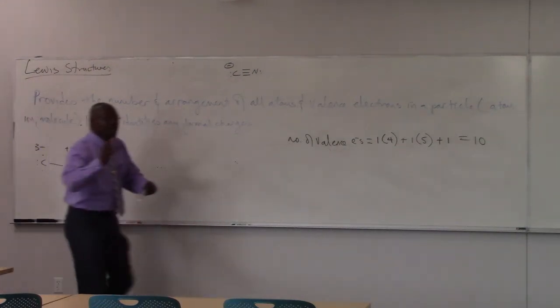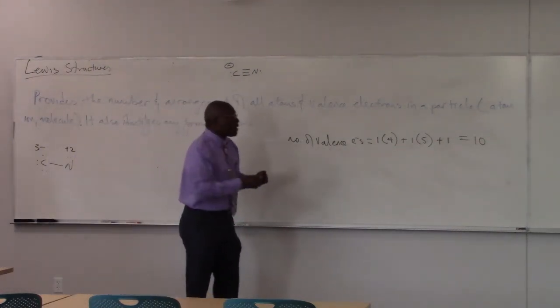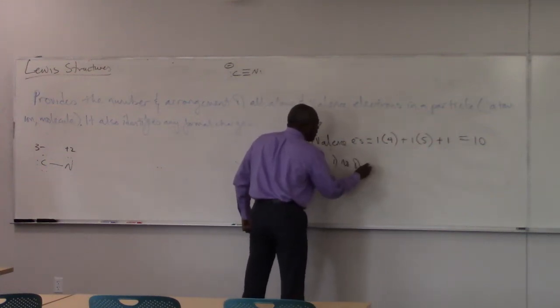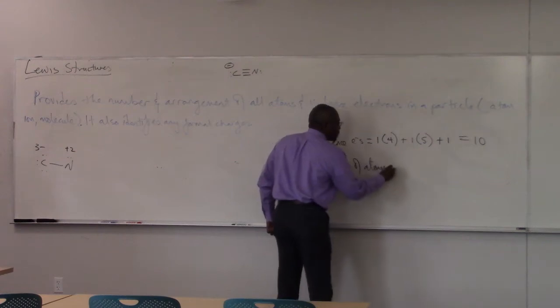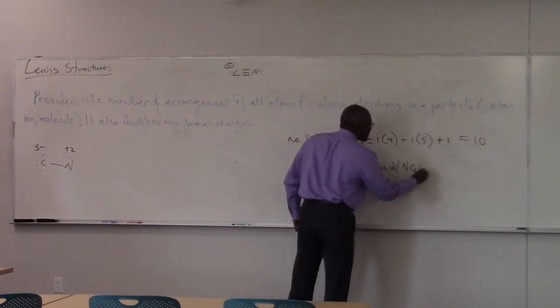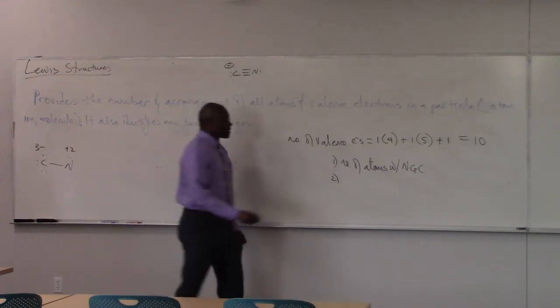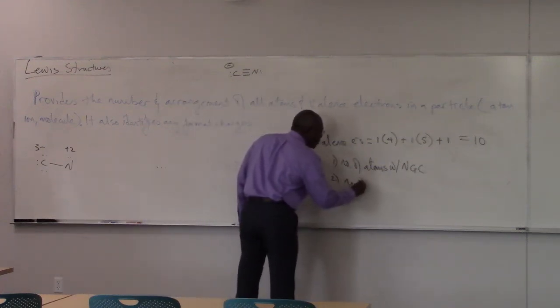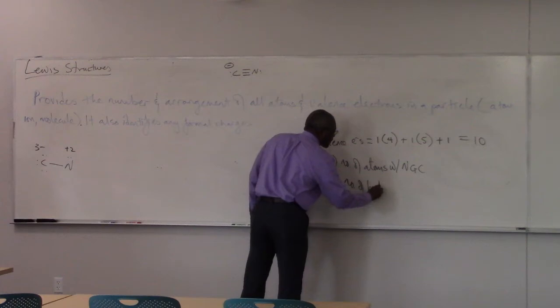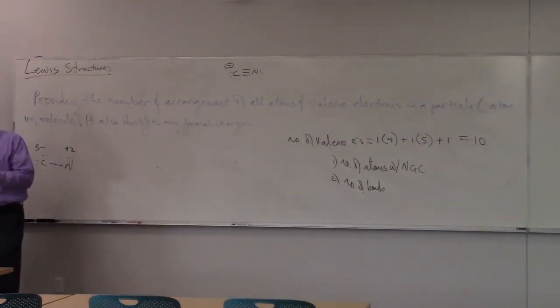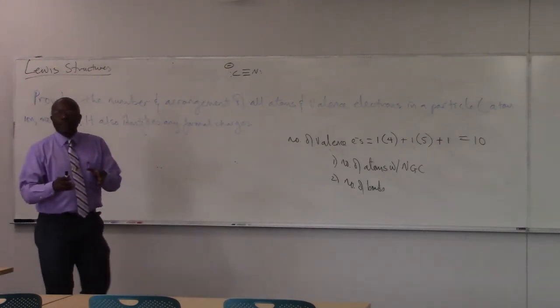So I'm trying now to determine how stable we are, and the first thing I look for is the number of atoms with noble gas configuration. The second thing I'm going to look for is the number of bonds, because I know bonds stabilize.